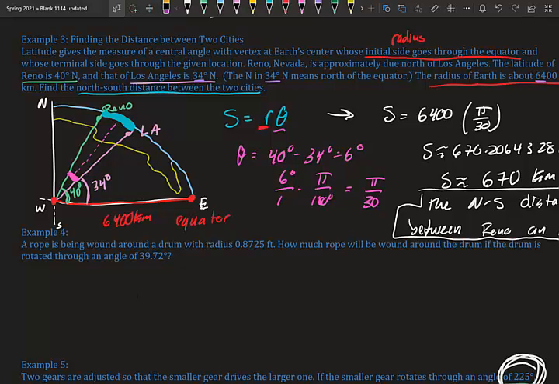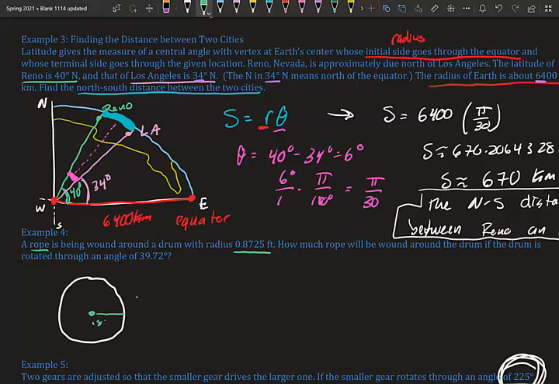Alright, so I'm not really sure what it's asking me to do, so I'm going to start drawing stuff. A rope is being wound around a drum. So a drum is circular. A drum is cylindrical, so it's circular. It has a radius of 0.8725 feet.